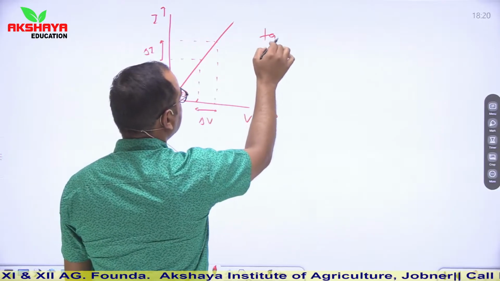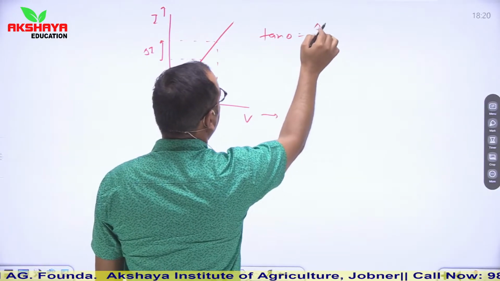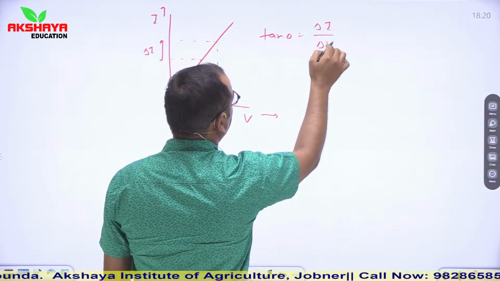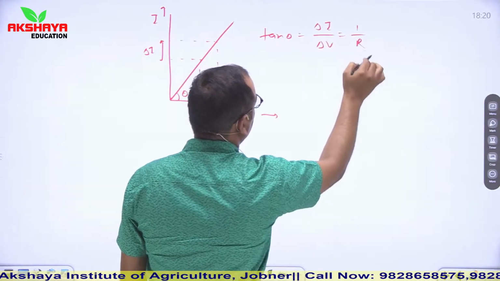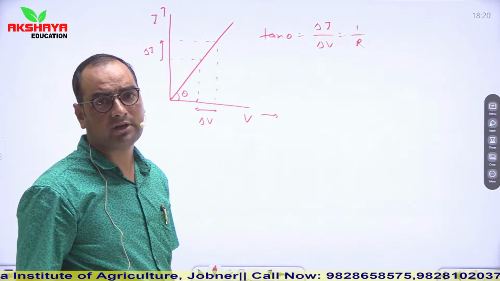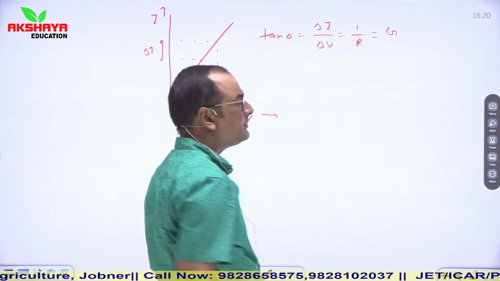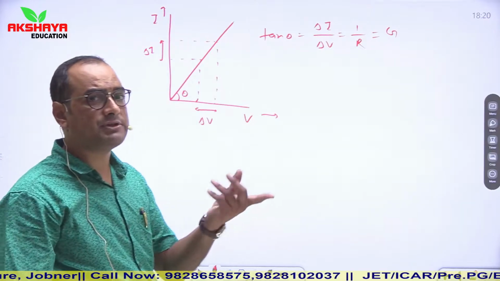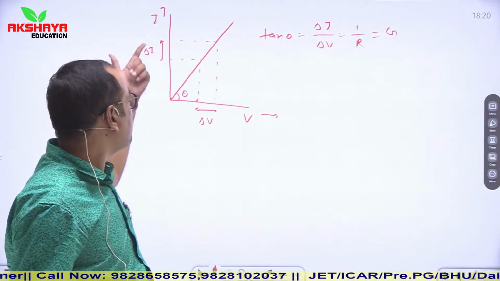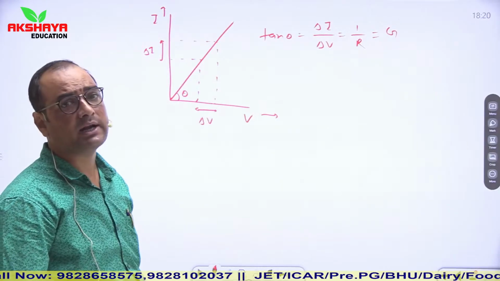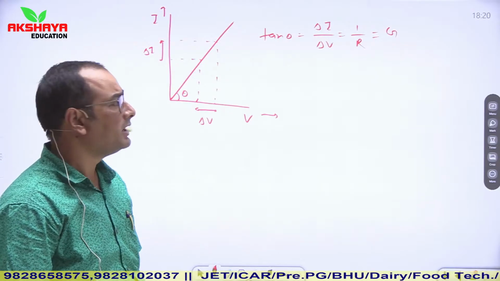So here slope of this graph, tan theta, is equal to del I upon del V, which is equal to 1 upon R, known as conductance. So we can say that slope of the VI graph is equal to resistance and slope of the IV graph is equal to conductance, or you can say reciprocal of resistance.